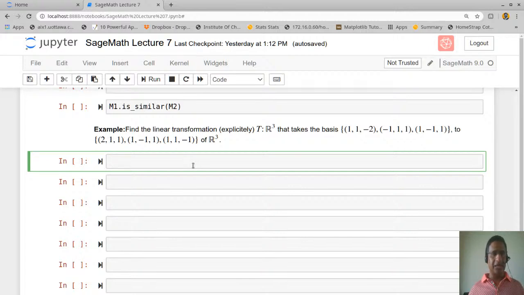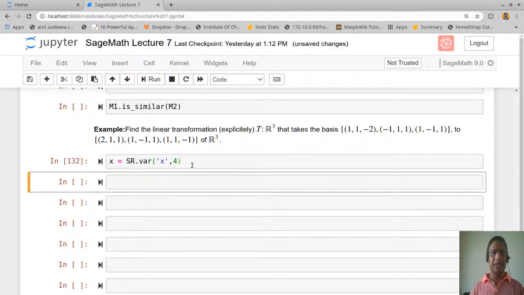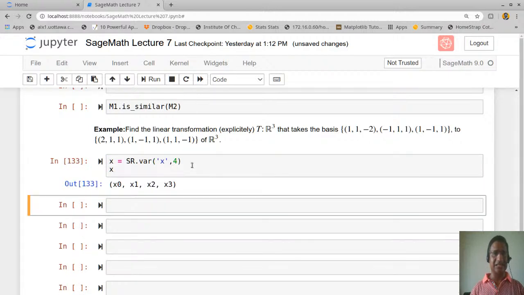I can declare this variable as a symbolic variable, using var, with the variable named x. How many? Let us say we want 4 variables, so it will be x0, x1, x2, x3, x4. Right. So for example, if I ask what x is, it is x0, x1, x2, x3, x4.